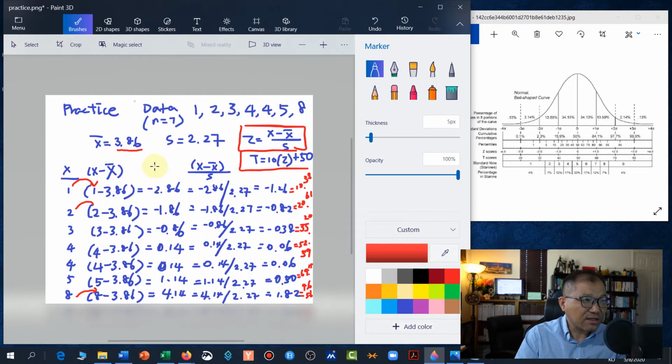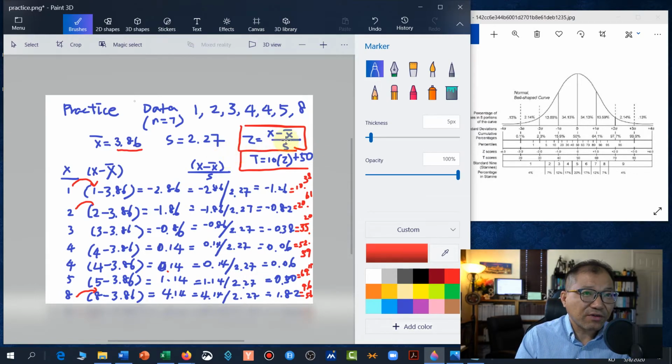Then you can get the values for x minus x bars to negative 2.86, negative 1.86, negative 0.86, 0.14, 0.14, 1.14, 4.14. Then let's finish to calculate the z-scores.